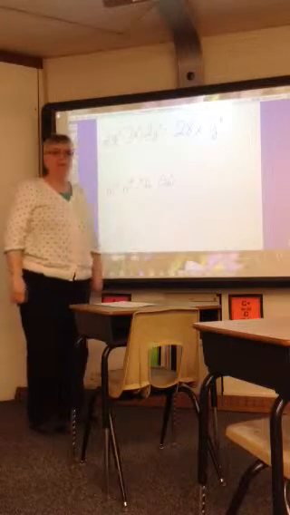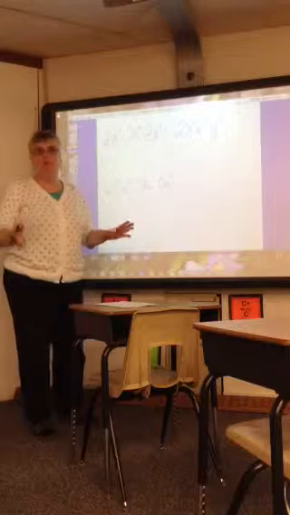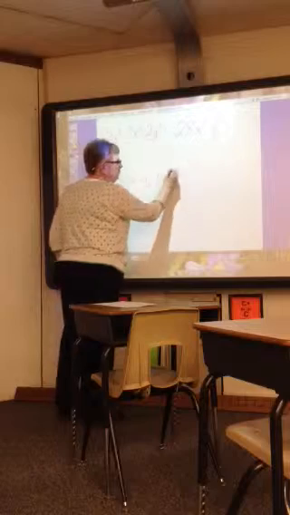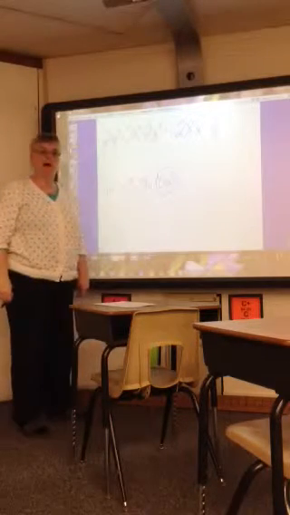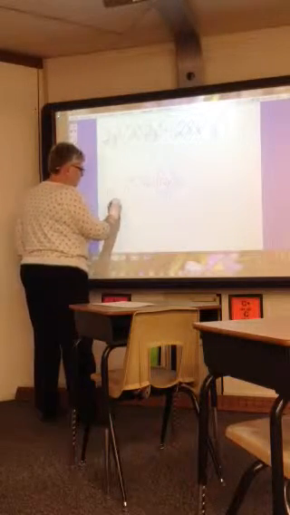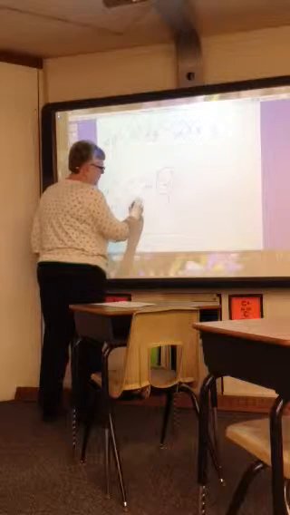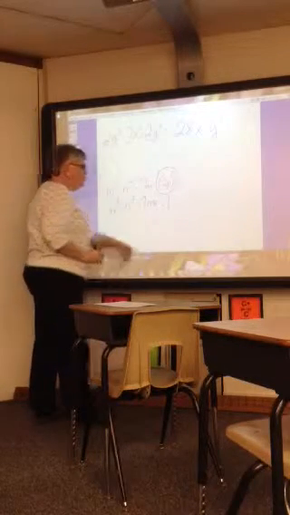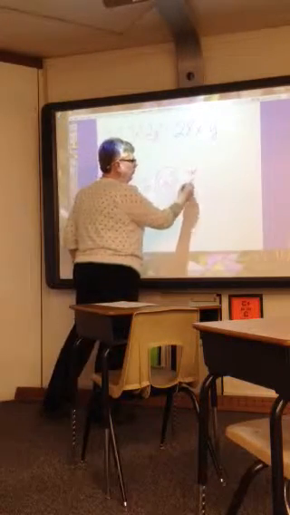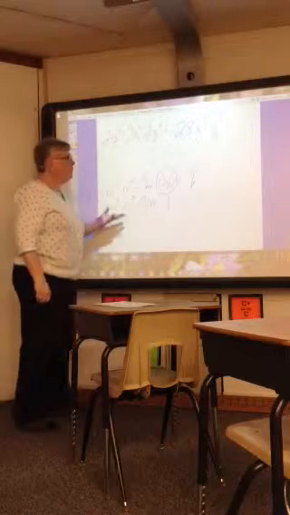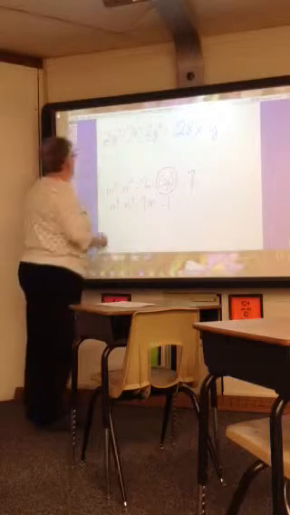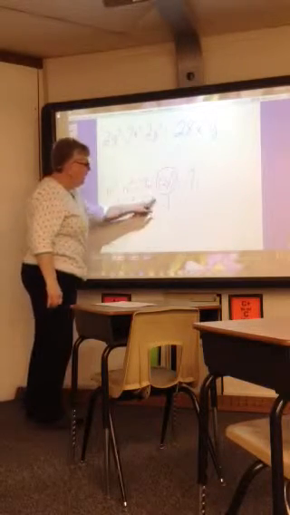Now, this last problem combines all three of the rules that we've had at this time. What can you tell me happens when we have something to the 0 power? Well, we know that is 1. If you look at the 7 times 1, that's my only coefficient, so I know I'm going to have a 7. Now, here's one of those things you assume, and we really don't talk about. What is the power on that m? None is written.